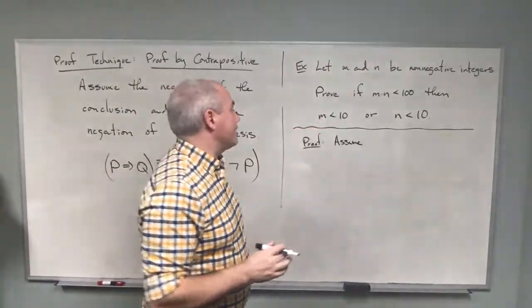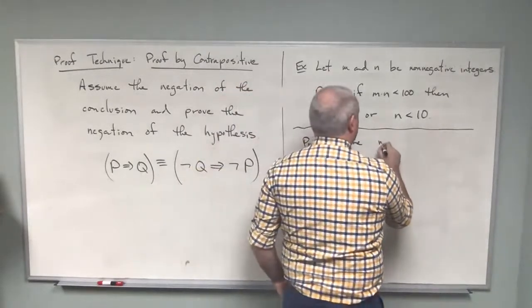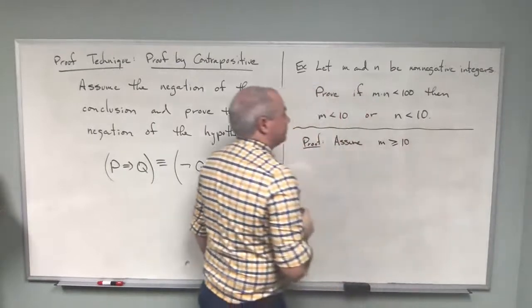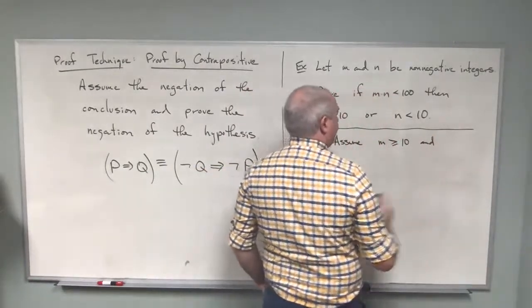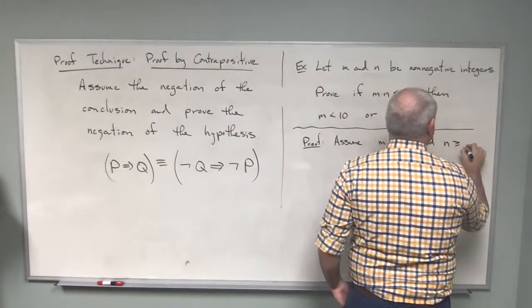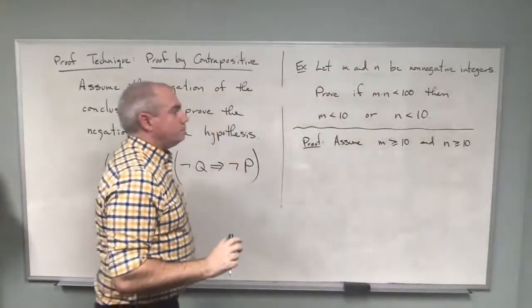So I get to assume the negation: M is greater than or equal to 10, and N is greater than or equal to 10.